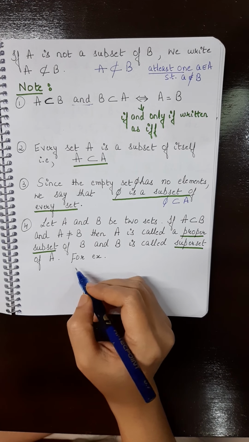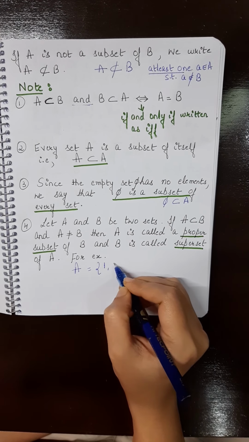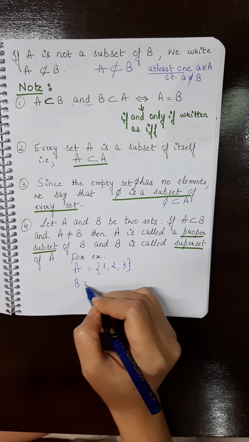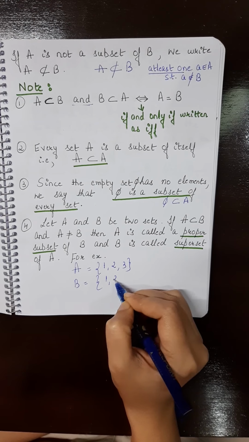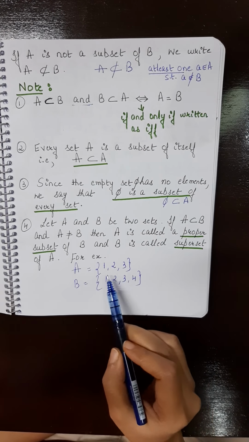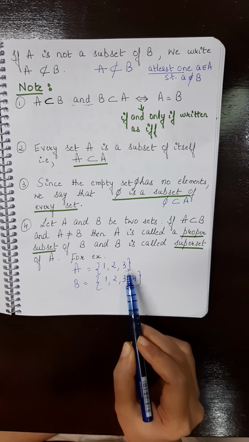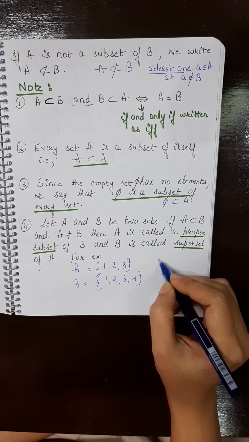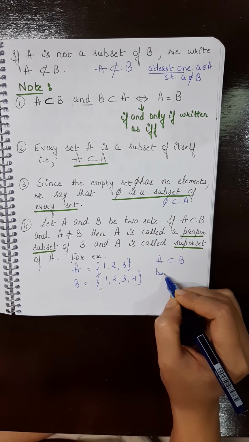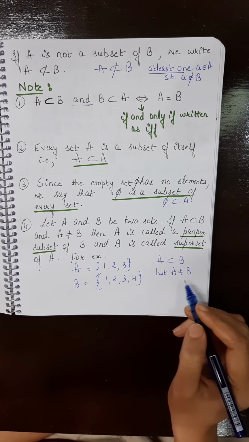For example, let us see. So for example, let A be equal to 1, 2, 3 and let B be equal to 1, 2, 3, 4. So here you can see that every element of A is an element of B. Okay, but A is not equal to B. A is a subset of B, but A is not equal to B. Why A is not equal to B?